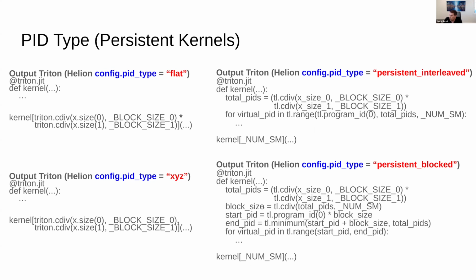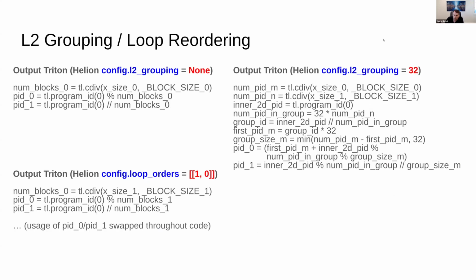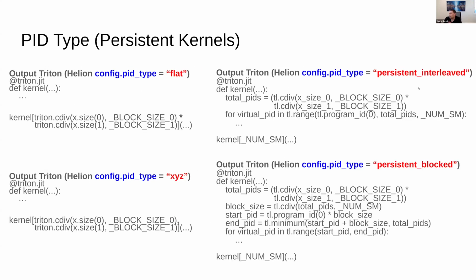Then within the kernel, you end up having a loop, and that loop is going to loop over the virtual PIDs. This is sometimes more efficient. And so just by flipping a configuration, you're able to search over all of these, which could result in some moderate rewriting and can be difficult to search over manually.